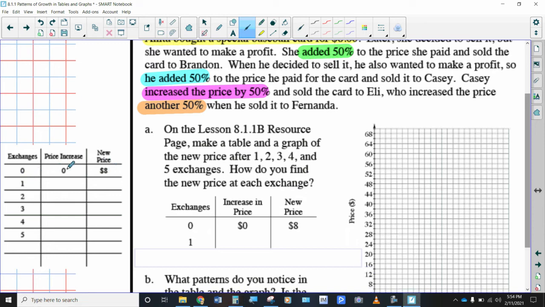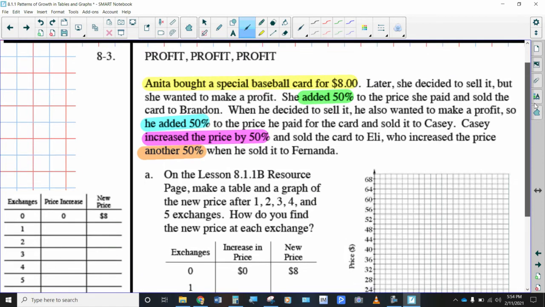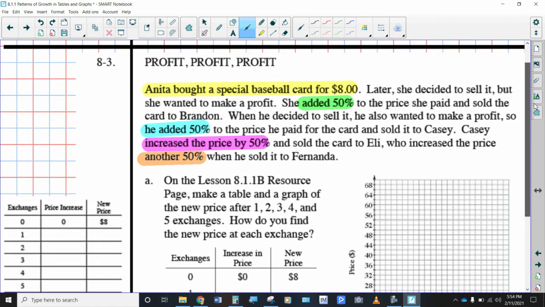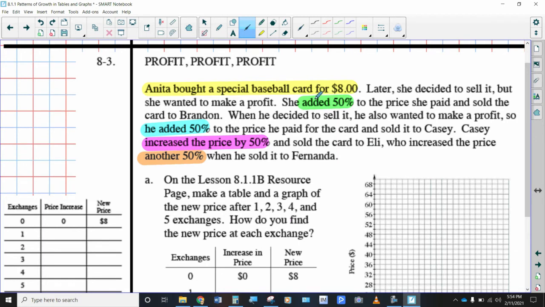So now, is this selling it for 50% markup? Nita bought a special baseball card, and she wants to mark it up 50%. Okay, let's go back to 7th grade for a second. We can either figure out what is 50% of $8, which we know is $4, right? And we can add that to the price.